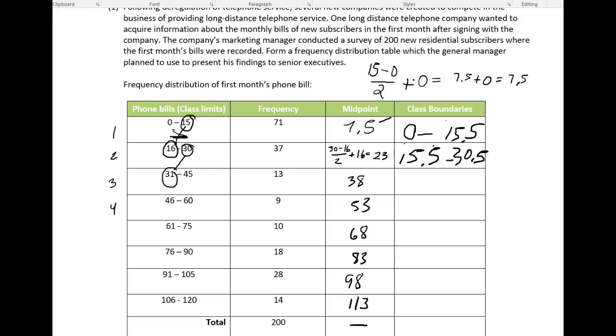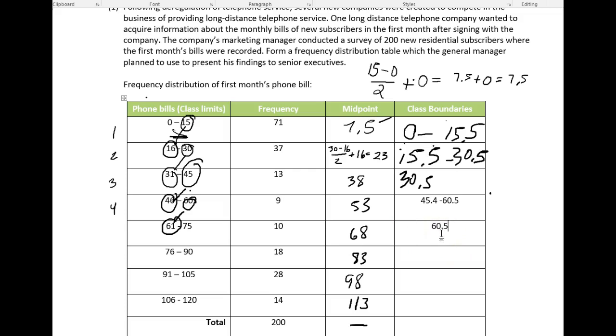We're just splitting the difference between these. Sorry, my pen is not working correctly here. So 30.5, which I'm just going to type in. So this would be 45.5 to 60.5.